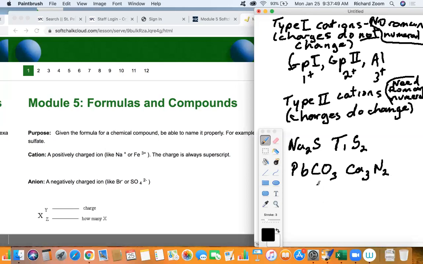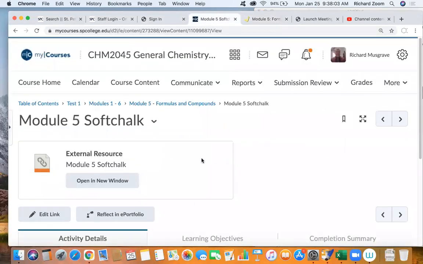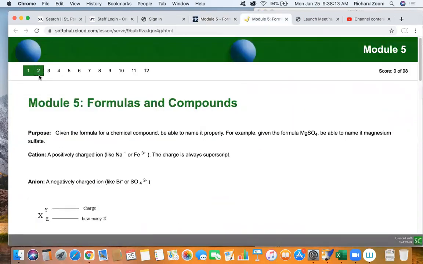So what I had said was, you want to look at the cation first and determine whether it's a type 1 or a type 2. And we can do that by looking at the periodic table. Actually, I can do that from here. Let's go to page 2 here.